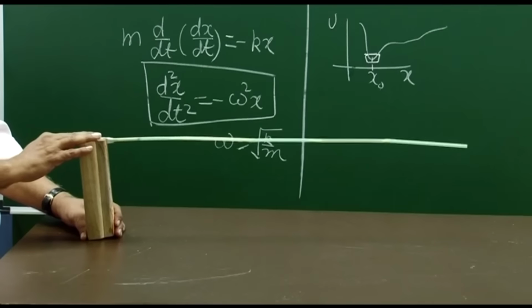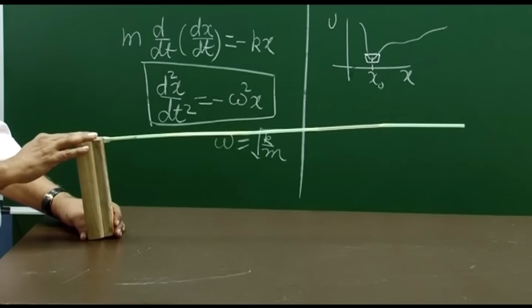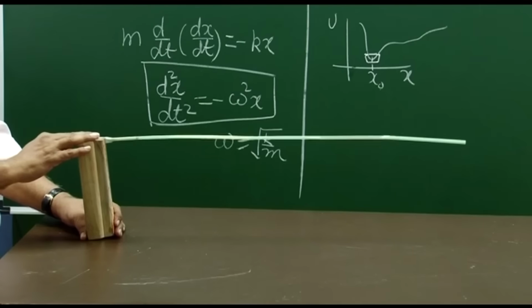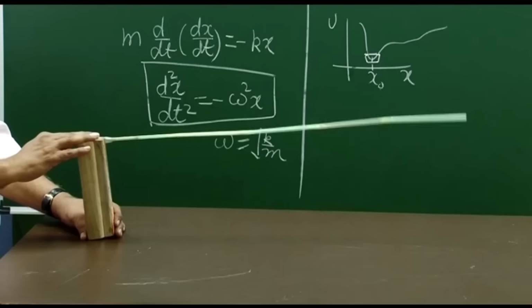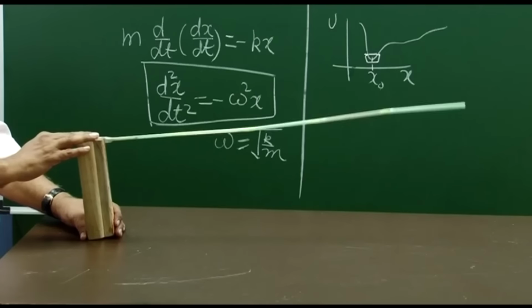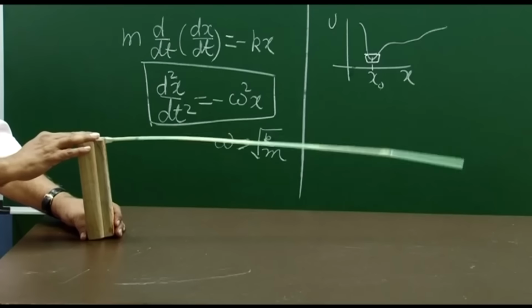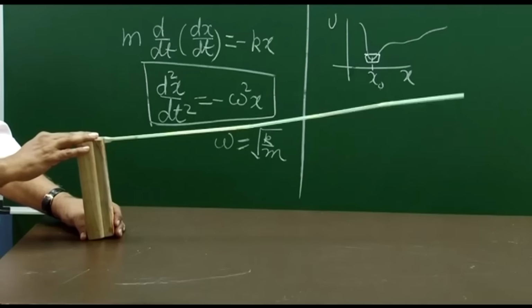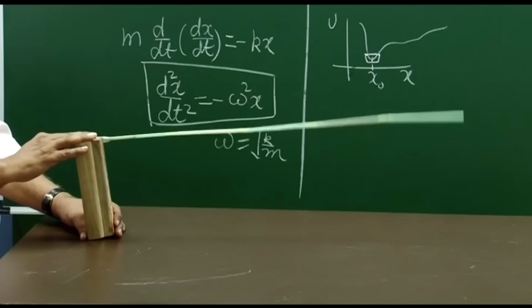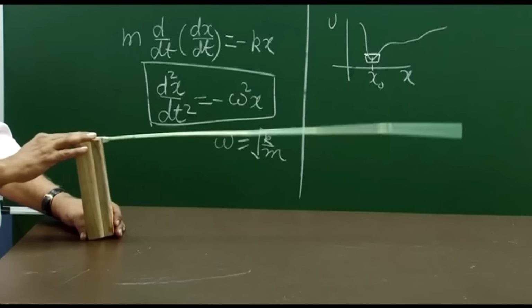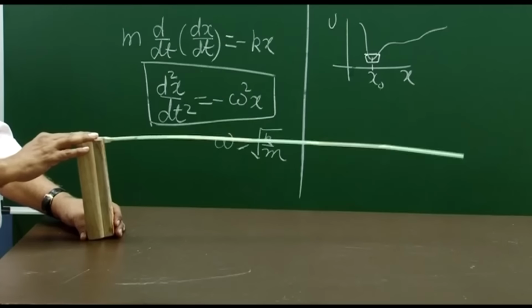And if I do it at a very low frequency, once again the amplitudes are small, but at that particular intermediate frequency, this is that frequency, you see that a small displacement of the finger at the right frequency creates a much larger amplitude of the tip of this straw.